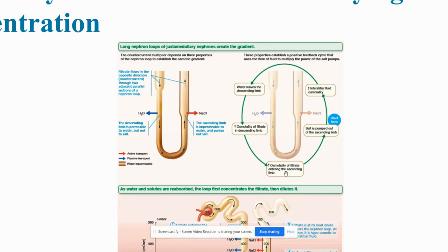The osmolarity of the filtrate entering the ascending limb is going to be very high, about 1200 milliosmoles. And because of that, salt is pumped out of the ascending limb. Then again, that increases the interstitial fluid osmolarity, which causes more water to want to leave the descending limb.